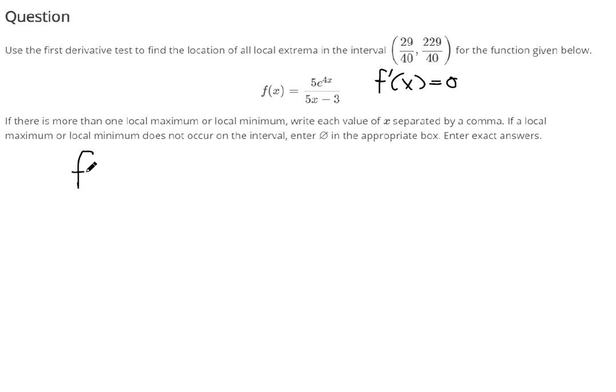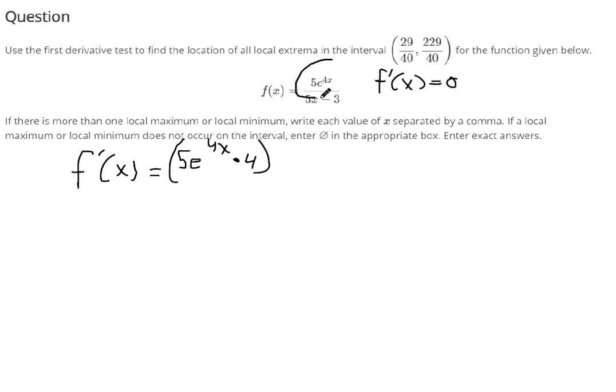So the derivative of f of x using the quotient rule: it's the derivative of the first function. That's 5e to the 4x, because the derivative of an exponential function is itself times the natural log of the base, which would be natural log e. So that's why it's just itself. But because of the chain rule, we have to multiply this by 4 on the outside.